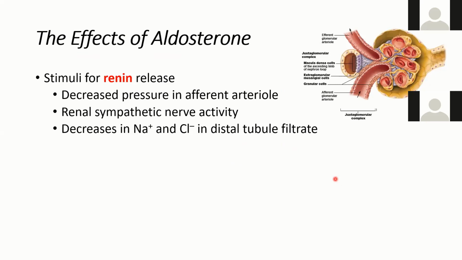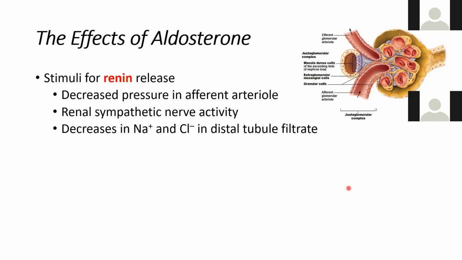We looked at each of those pieces and why they would get released. So renin is the first part of the RAAS, right? So anything that stimulates renin release is ultimately going to end up increasing aldosterone and therefore helping us reabsorb sodium, and we'll see reabsorb potassium as well, so that we can keep our plasma volume up by sucking that water through afterwards.